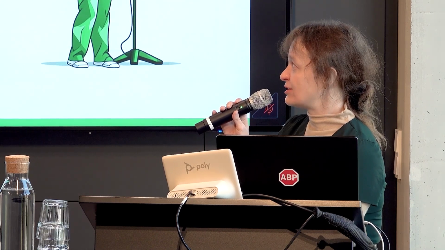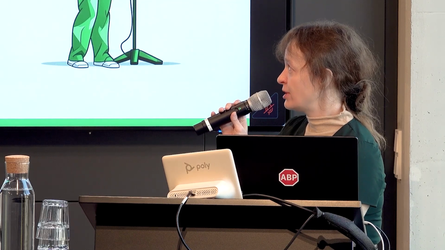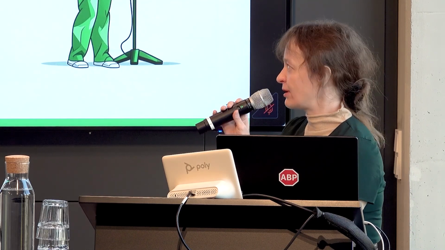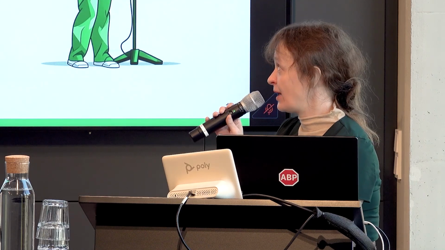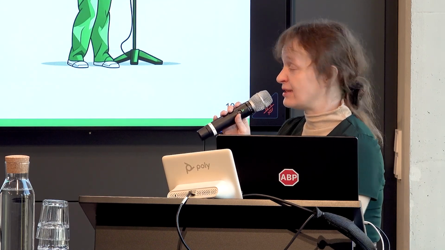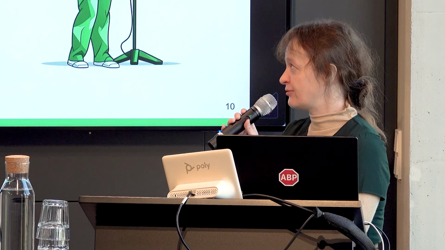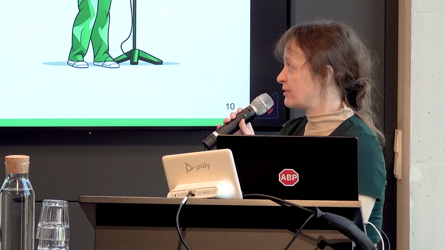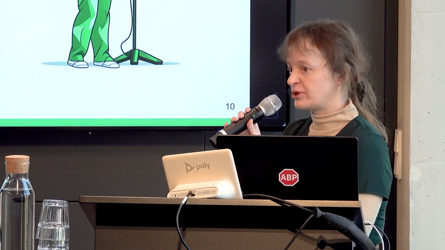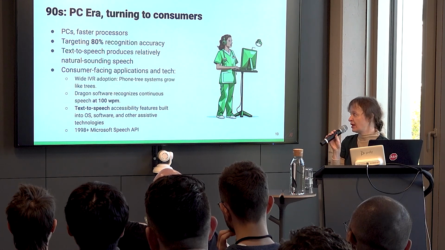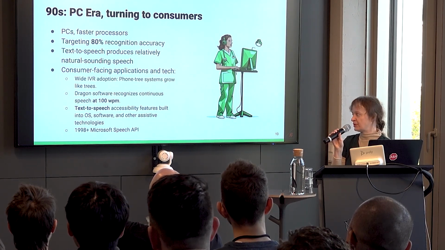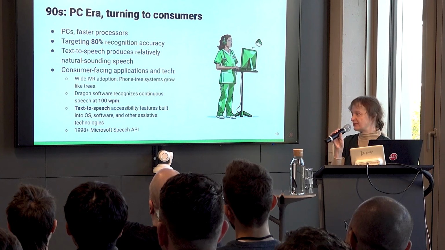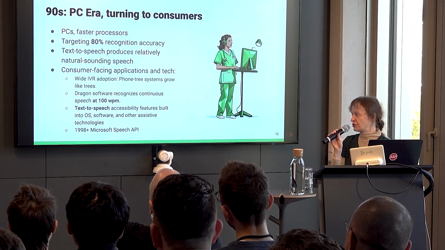We started having consumer-facing applications and technology. There was wide IVR adoption, phone tree systems that grew literally like trees. And then we have the software, Dragon. It recognized continuous speech at 100 words per minute, which was an advance. Text-to-speech accessibility features started being built into OS software and other assistive technologies.